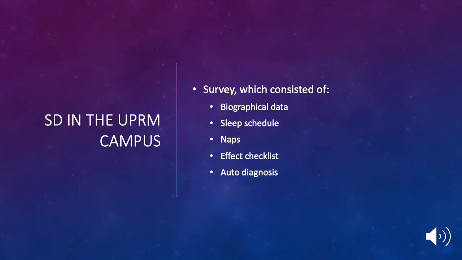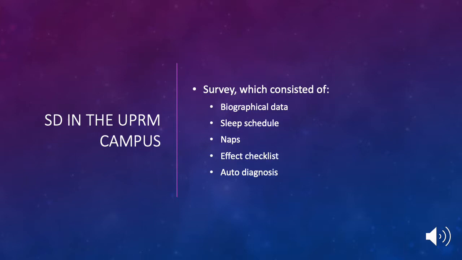The second part is the sleep schedule. Here we ask at what hour do they fall asleep, when do they get up, how many hours do they sleep in a normal day, etc. The third part asked about whether they take naps, and if they did, how long were they, and if they felt good afterwards.